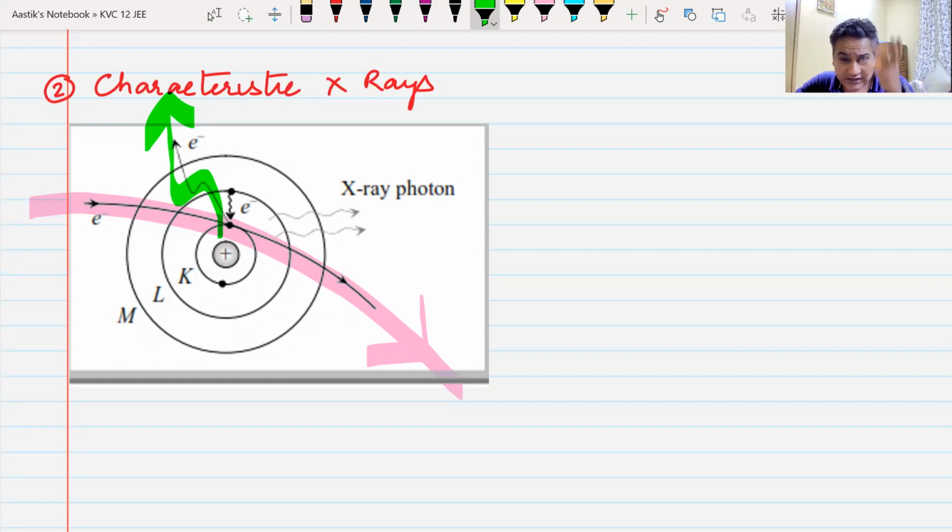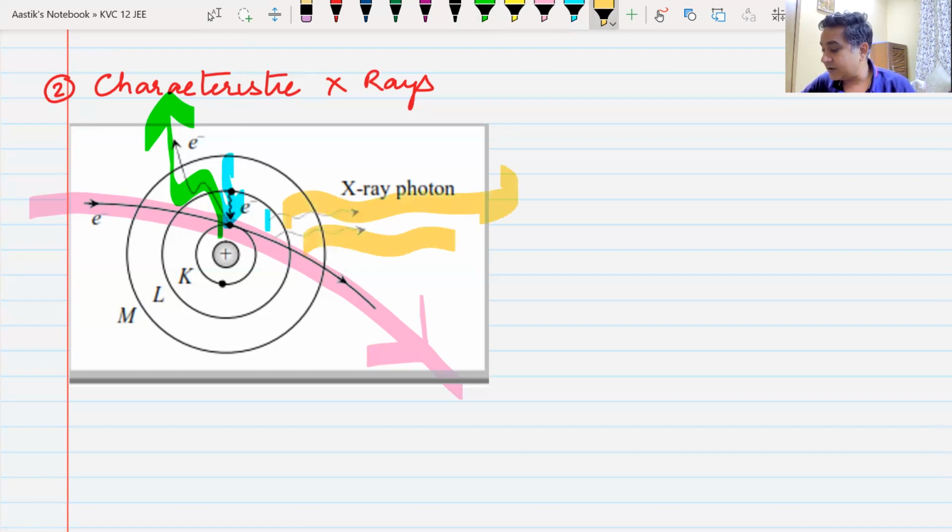Now this inner shell cannot remain vacant. So what will happen? The electrons in the outer shell say, okay, there is a vacancy, now we will fall. So the electron in the outer, higher energy level shifts to the lower energy level, and we have X-rays coming out of it.